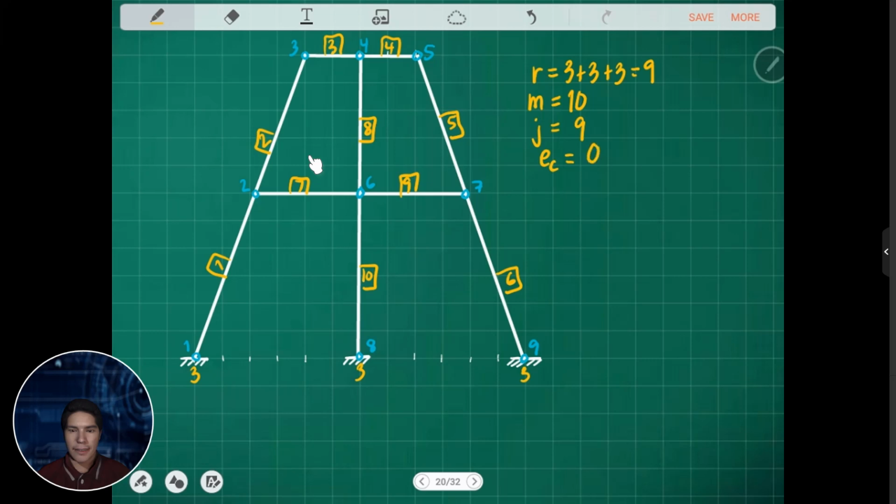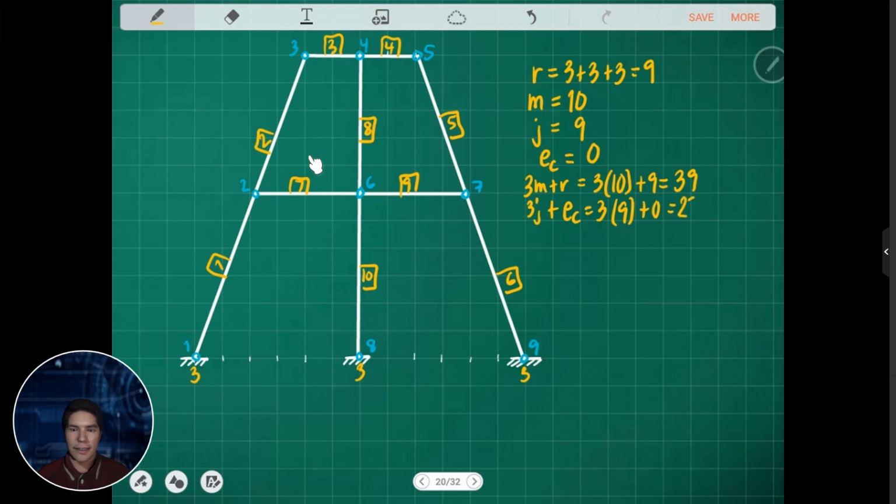For the conditional equation, since we do not have an internal hinge in the system, this is just equal to 0. So 3m plus r is 3 times 10 plus 9, so we have 39. And then the 3 joints plus EC, we have 3 times 9 plus 0, so therefore we have 27.